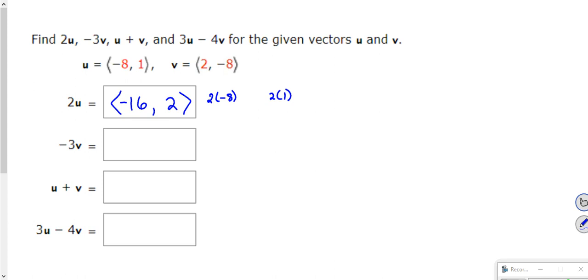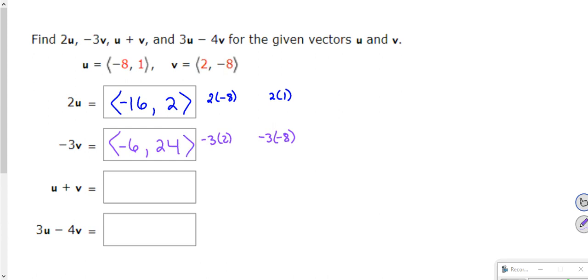And it didn't tell us, I assume since they gave it to us in component form, they want the answer in component form. Yes, they do. I just looked. Okay. So -3v, you're literally taking -3 and multiplying it by each component of v.